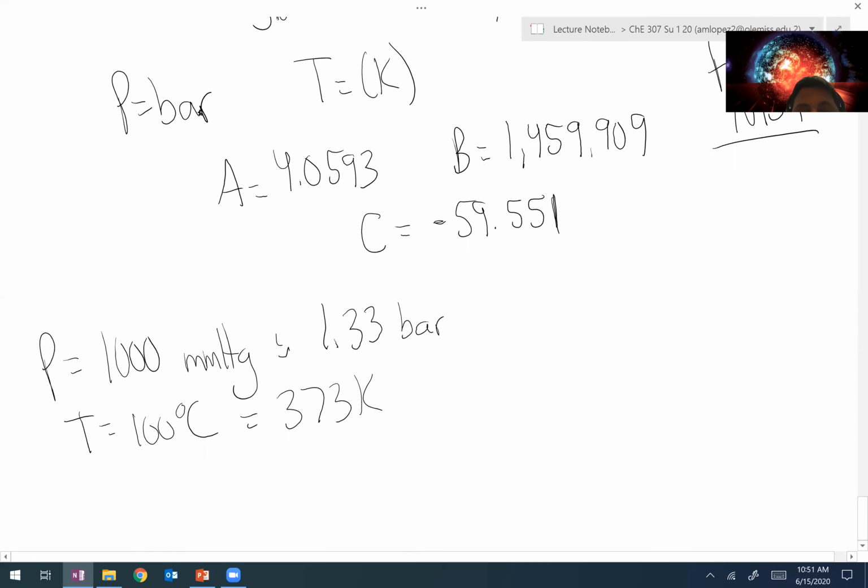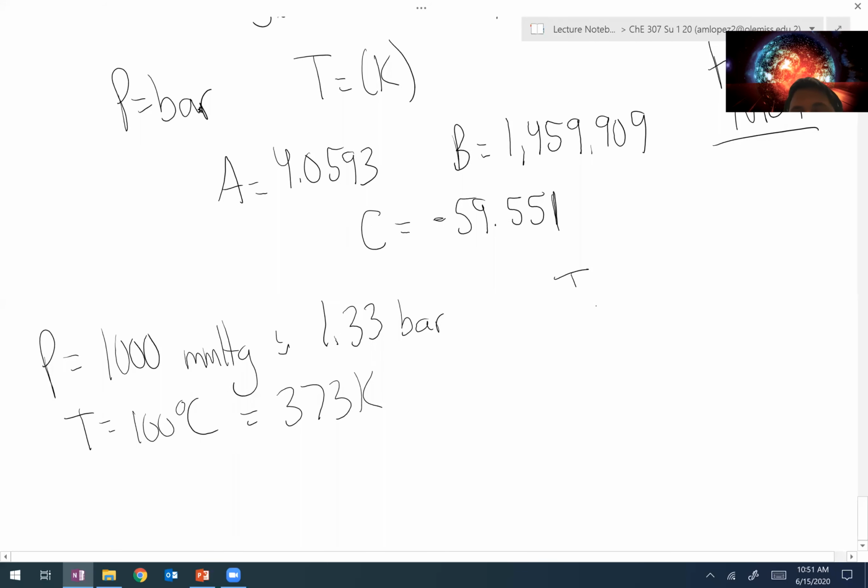But what I want to know is the temperature where the vapor pressure is the saturation pressure, or 100 millimeters of mercury, which is 0.13 bar.